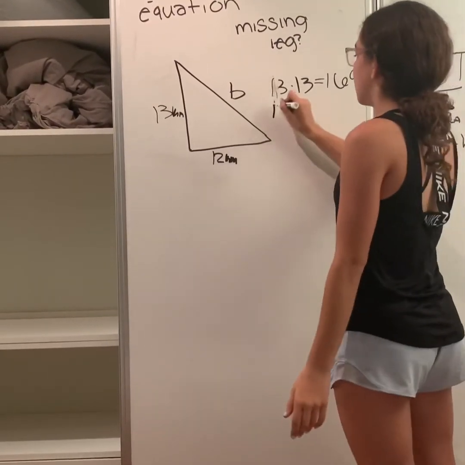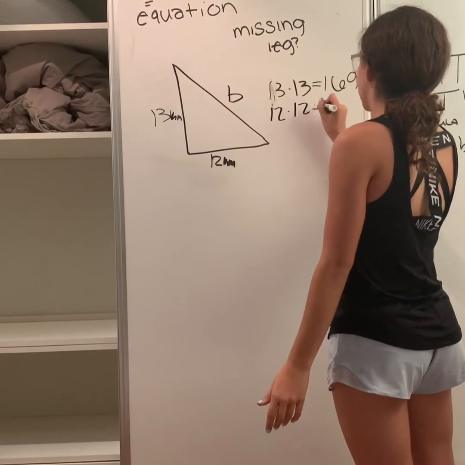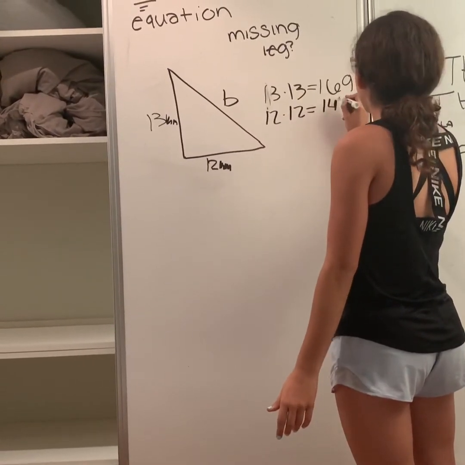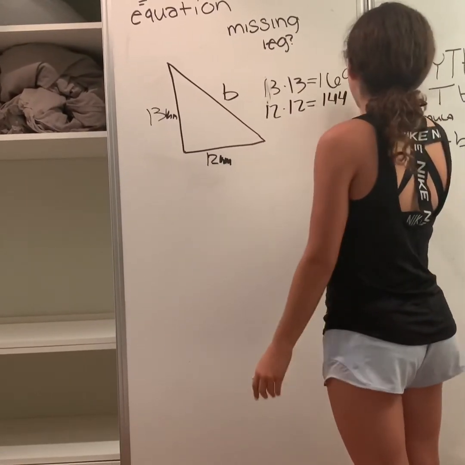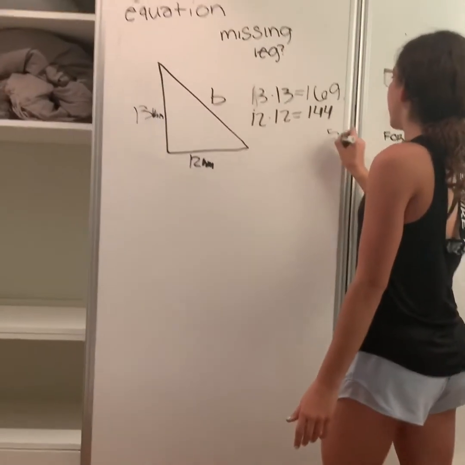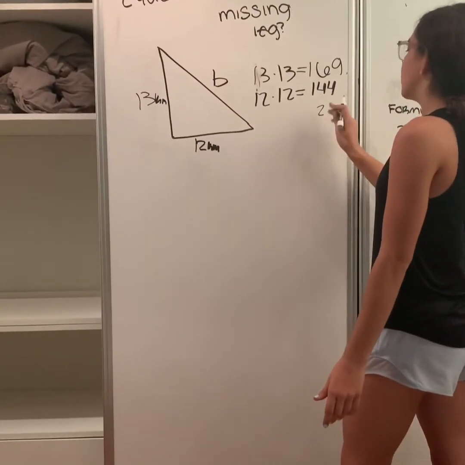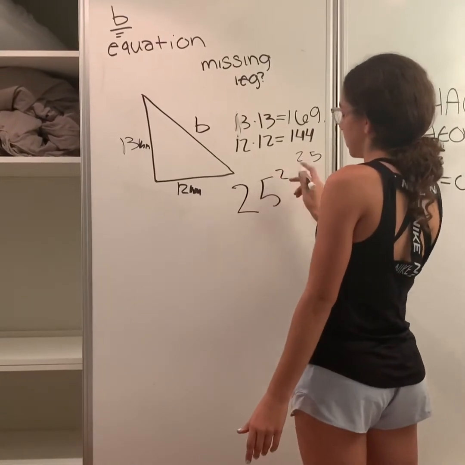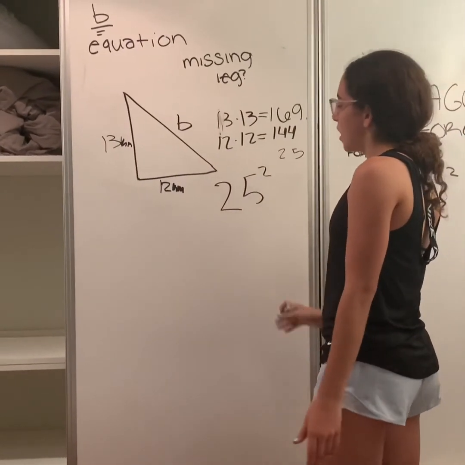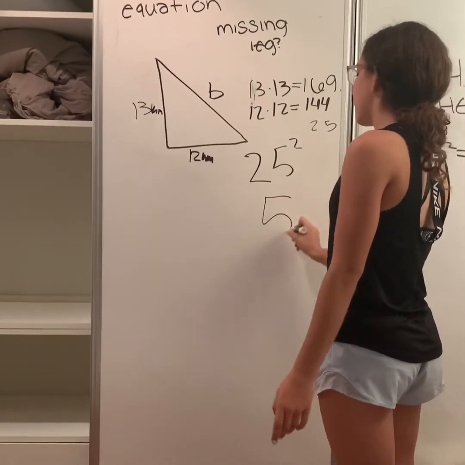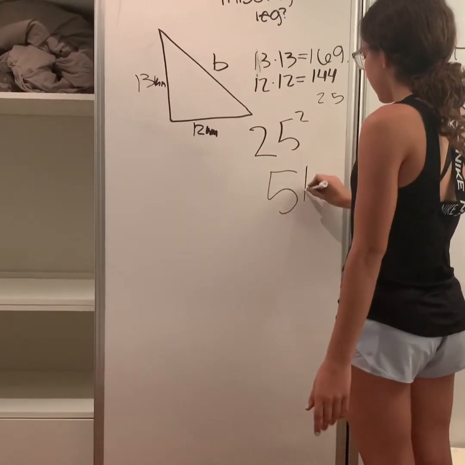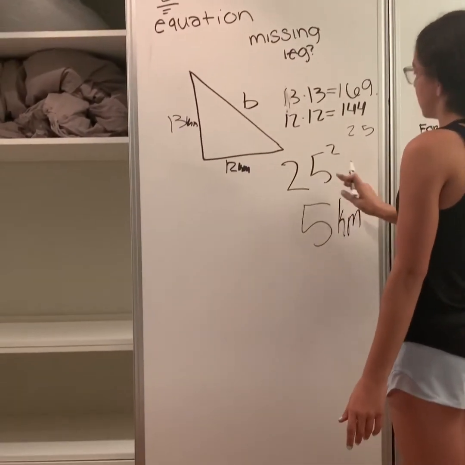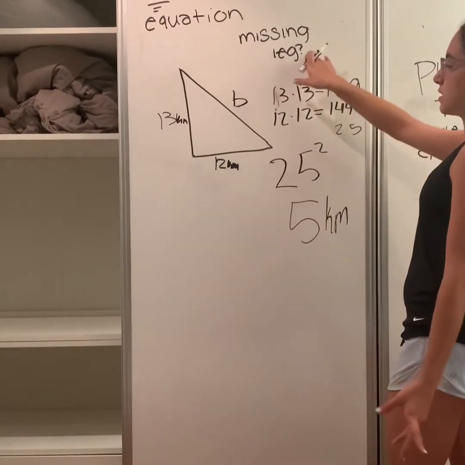And then you do 12 times 12 equals 144, and then let's do the math. 9 minus 4 equals 5, 6 minus 4 equals 2, 25. So now we need to find the square root. The square root of 25 is 5. Bring over the unit. 5 kilometers is your answer, and 5 kilometers is your missing leg.